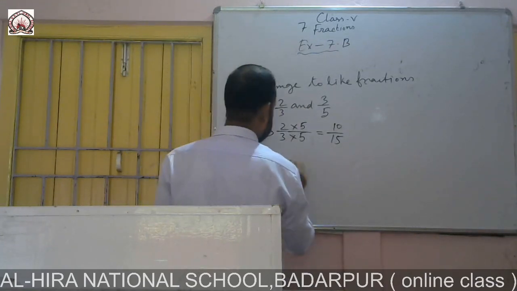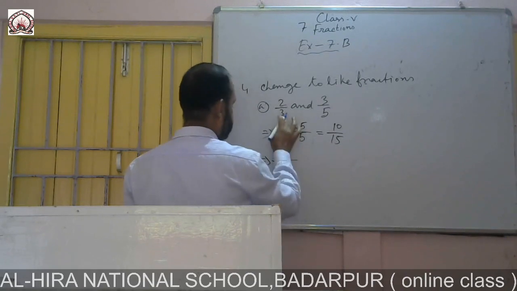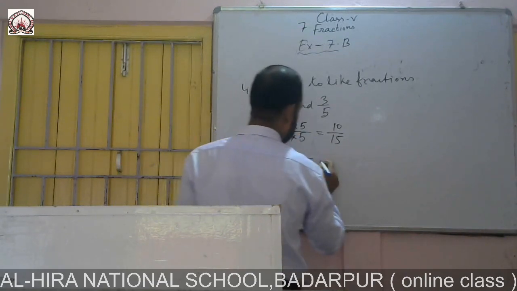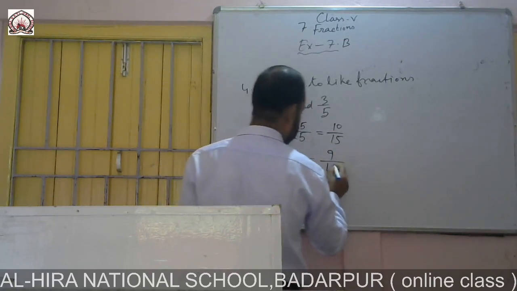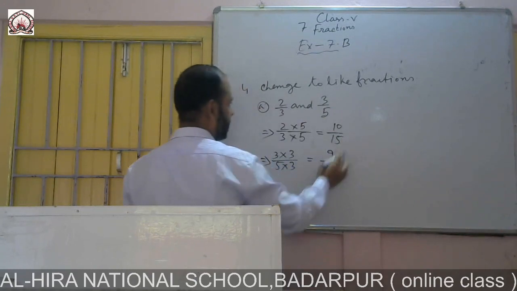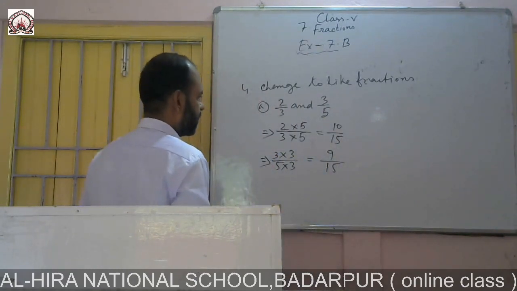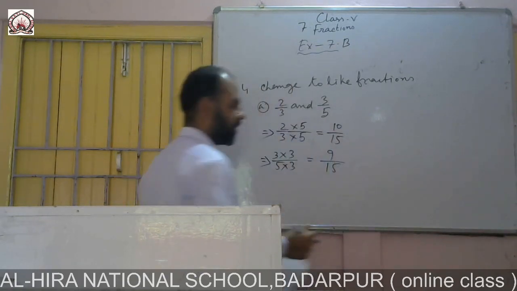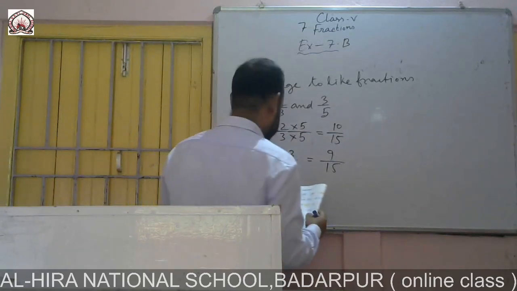Next we write second fraction 3 by 5 into first fraction denominator. So here 3 3s are 9 and 3 5s are 15. So here 10 by 15 and 9 by 15. So these are like fractions, because if denominators are same, then we can say it is like fraction.